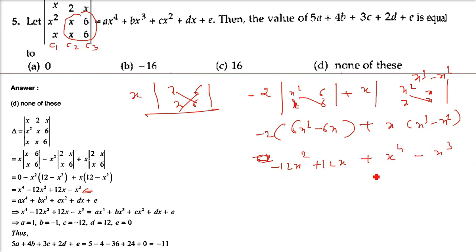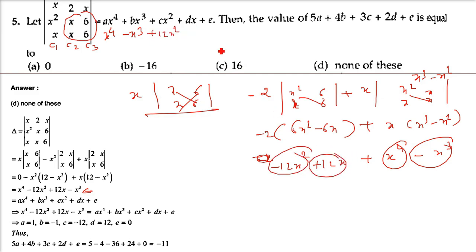Now let us arrange it in descending powers of x. So x to the power 4 you write here, then minus x cube, then minus 12x square, then plus 12x, plus this is 0. A is 0.